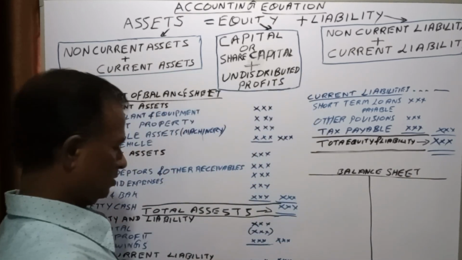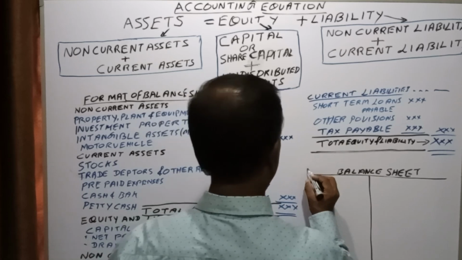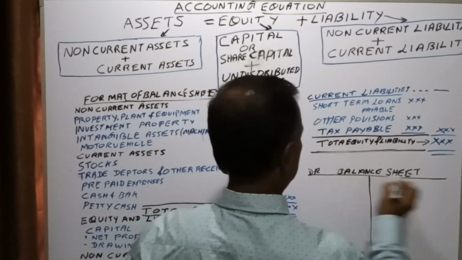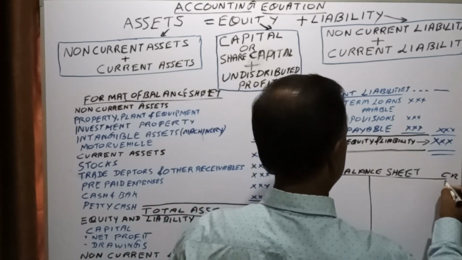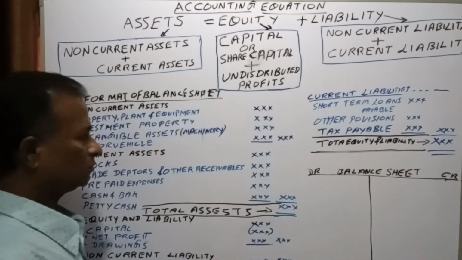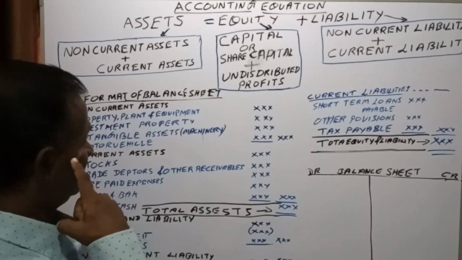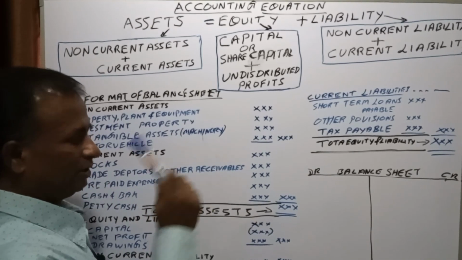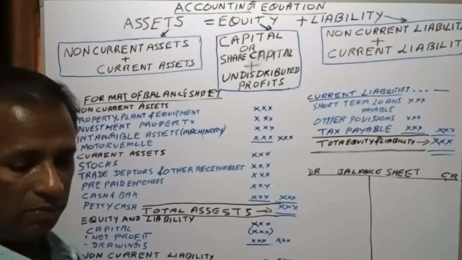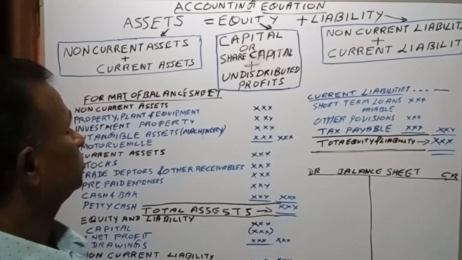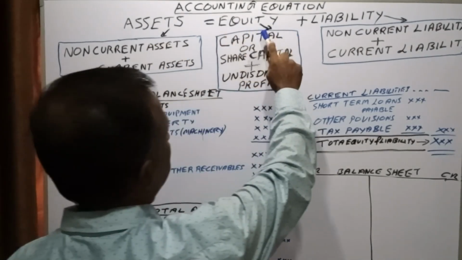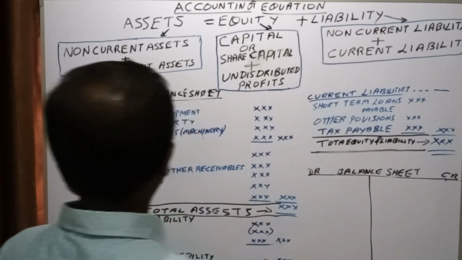Here is DR and here is CR. I'll show you how we work this out in the T accounts. So total assets equal to equity and liability.